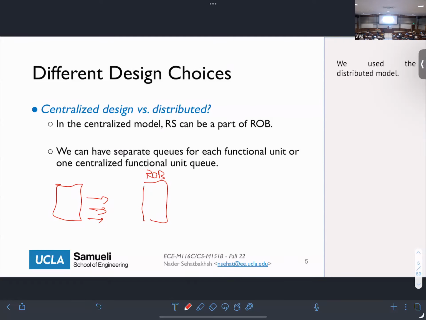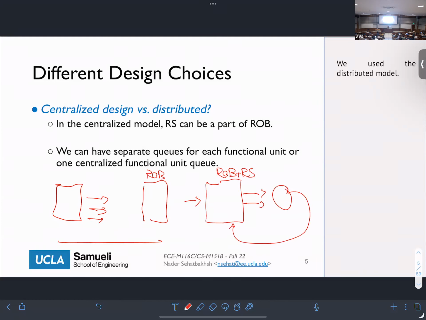But in many systems, including many of the Intel processors, instead of having a system like this, the renaming goes into the ROB plus reservation station in some sense. And the functional units have their values, and these values go back into the ROB. The nice thing about this is that everything is done internally.